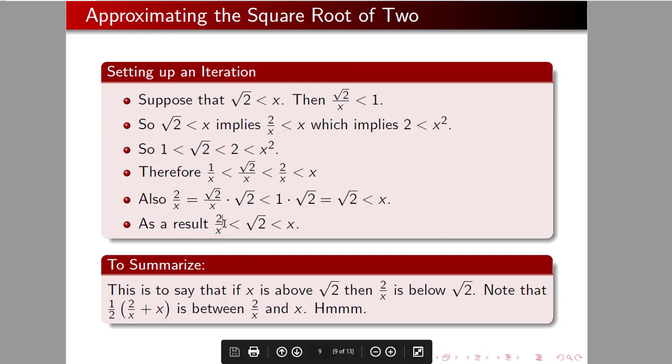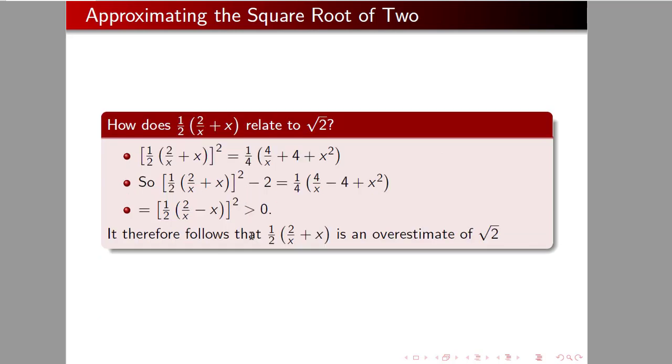If I take the average of the lower bound and the upper bound, which is 1/2 of 2 over x plus x, that will also be between the endpoints. Because this will give me an opportunity, if I have an approximation x, I can always get a better approximation.